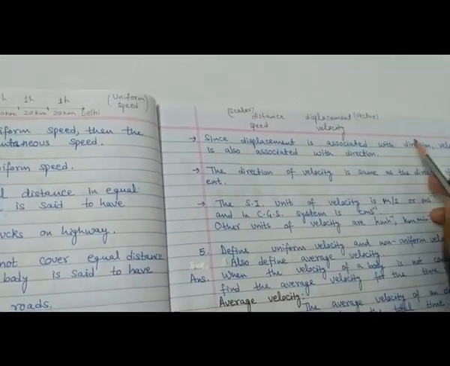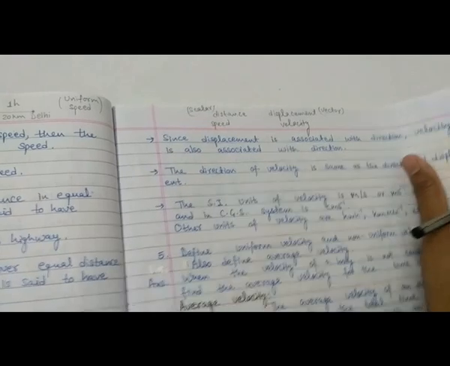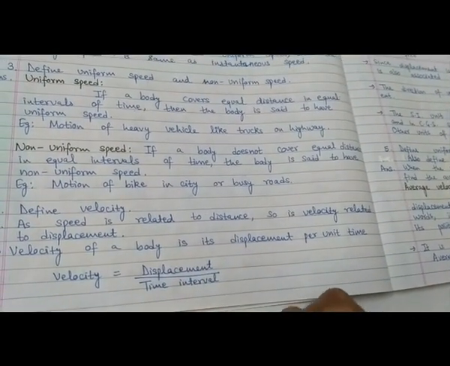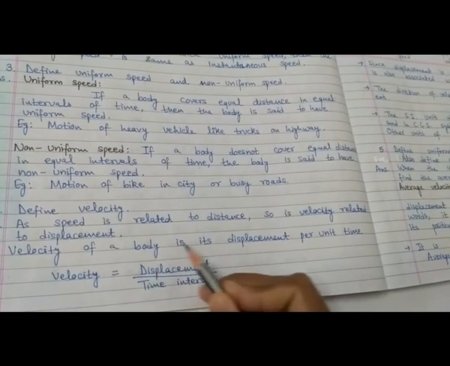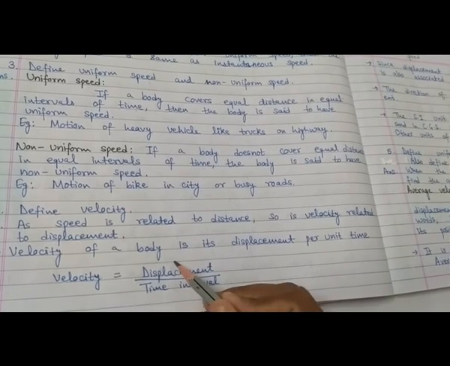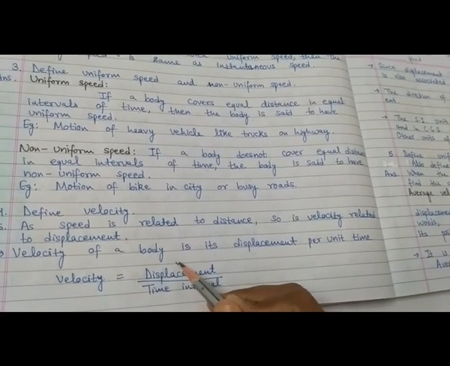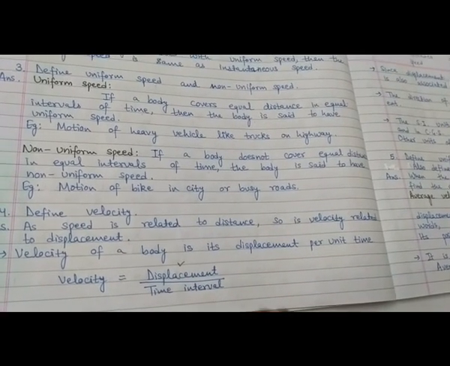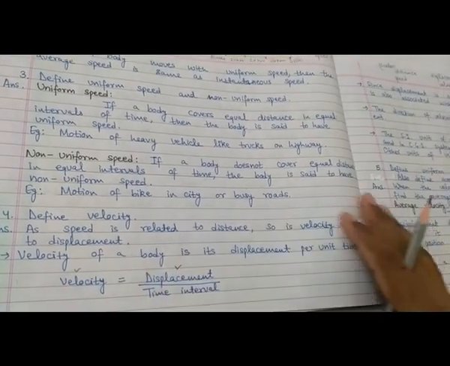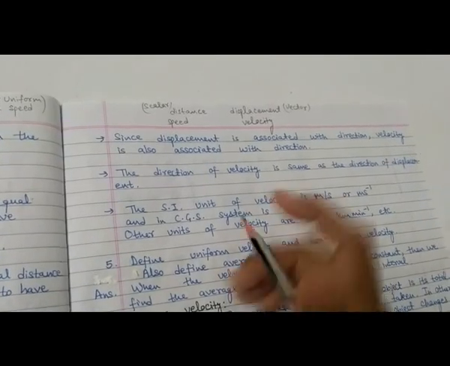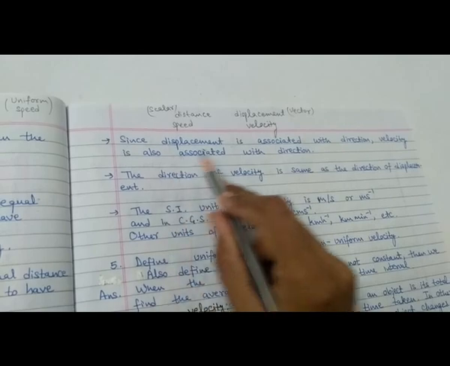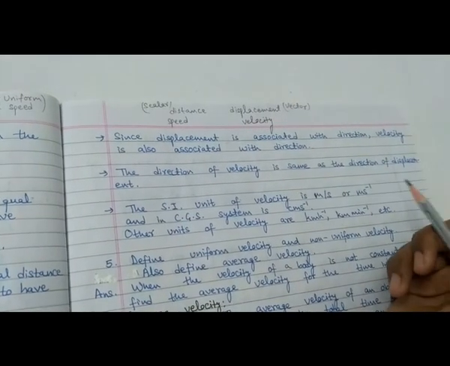Okay. Now, since displacement is associated with direction, isn't it? See, here in the numerator, displacement is there. It is a vector quantity. So, since it is associated with direction, the velocity also is associated with direction.